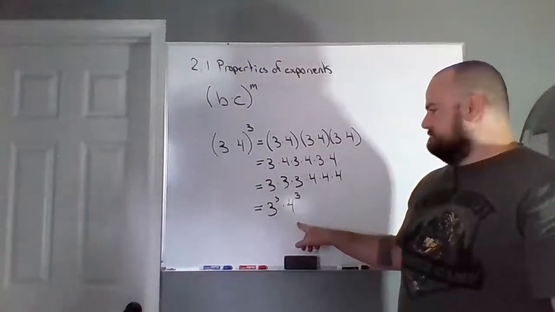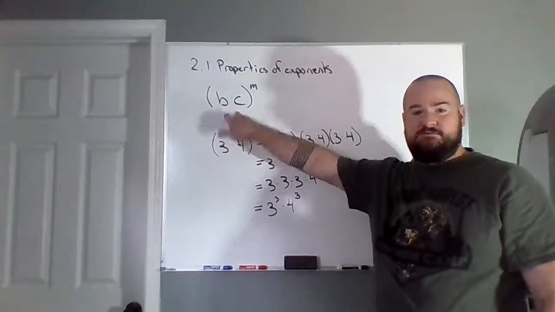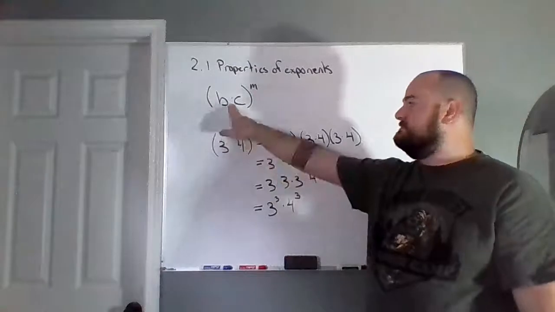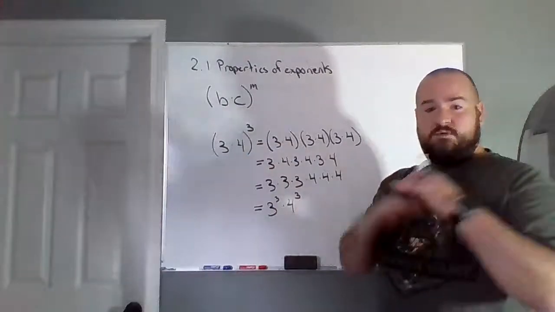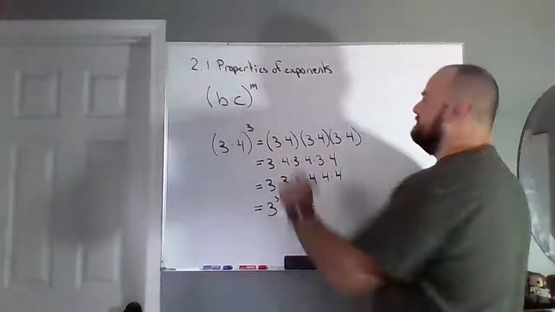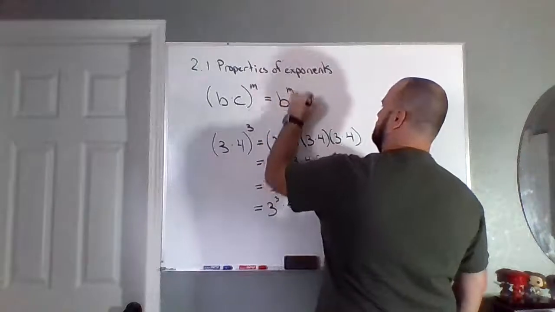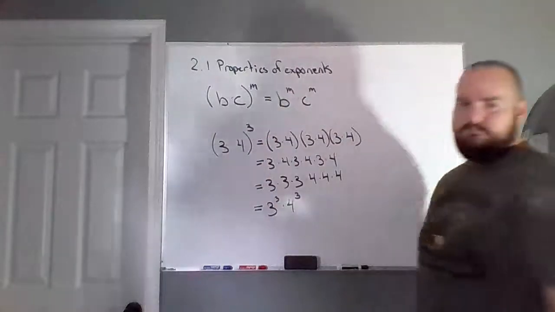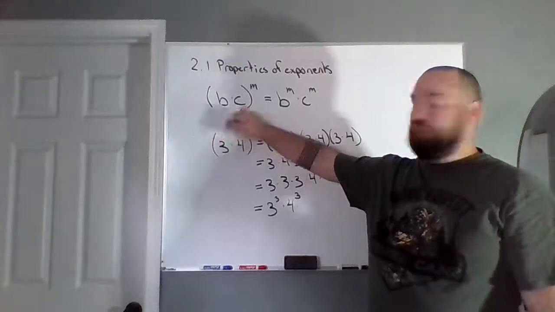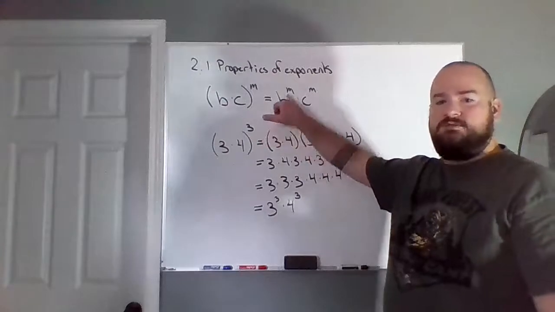All right. So what happens here is if I have two numbers, the product of two things, all raised to a power, that's very important. Product. If this is addition or subtraction, this does not work. Only if it is the product of two things can I do this. If we have the product of two numbers raised to a power, I can rewrite that as each part raised to that power.